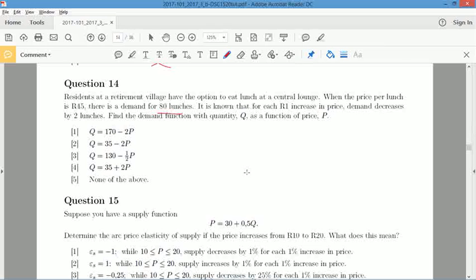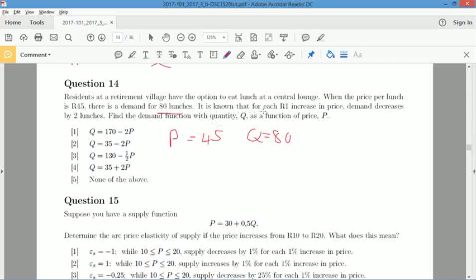That's pretty easy because we're looking at the actual demand and supply. We need to identify the different variables. When the price per lunch is 45, so P equals 45. There is demand for 80 lunches, then quantity is 80.